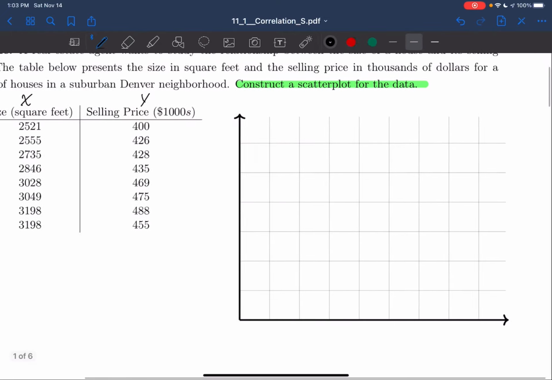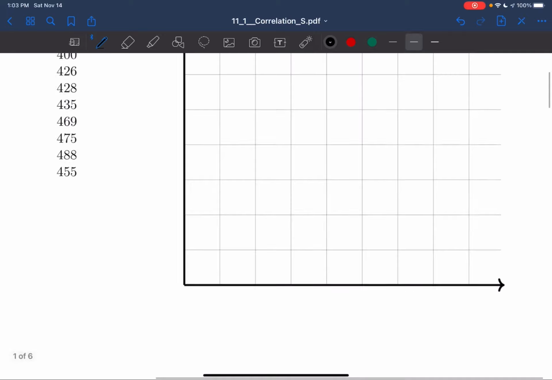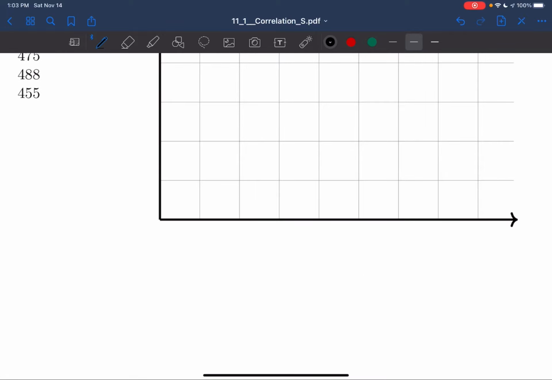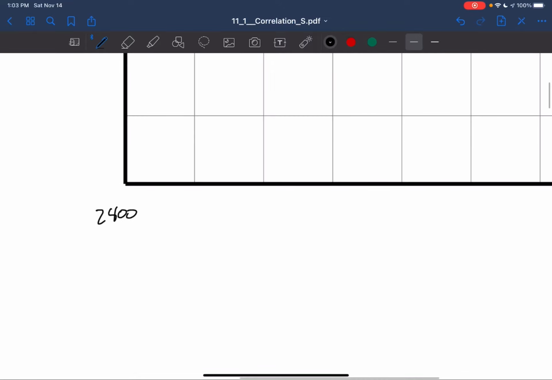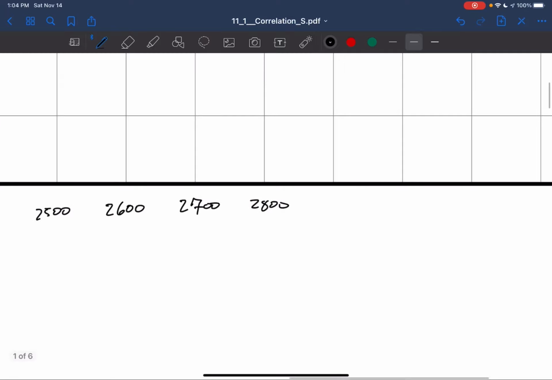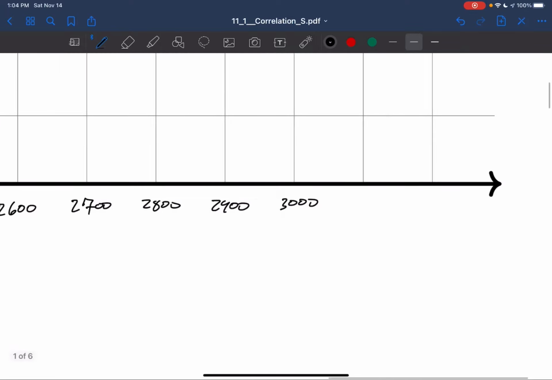Great. So let's create our scatter plot. Here we want to number our x-axis. Let's make this 2400, and then 2500, 2600, 2700, 2800, 2900.